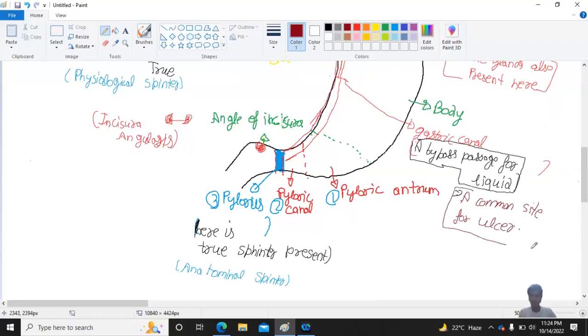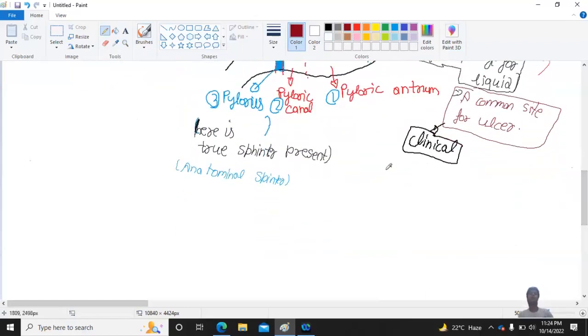This is a clinical point. The reason for this is that it is very thin. There is no oblique layer present here.